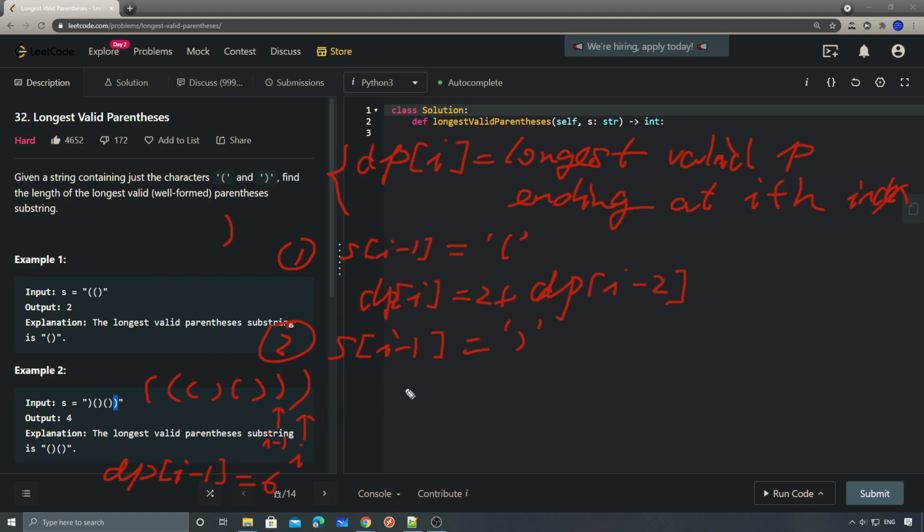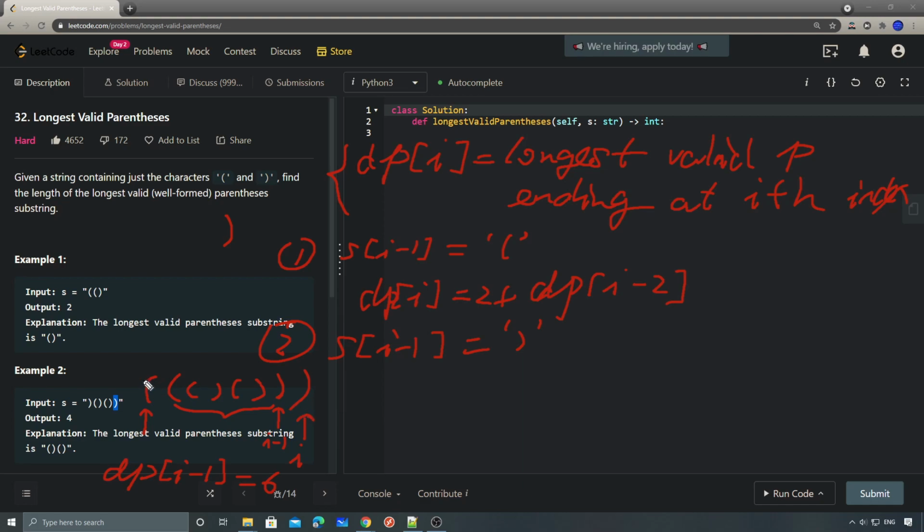So all we need to check is that we already know this part is 6. If we also know that the previous one, in this case this one, is a left parenthesis, then we know we have another pair outside of this dp[i-1]. Then we can do the state transition here.